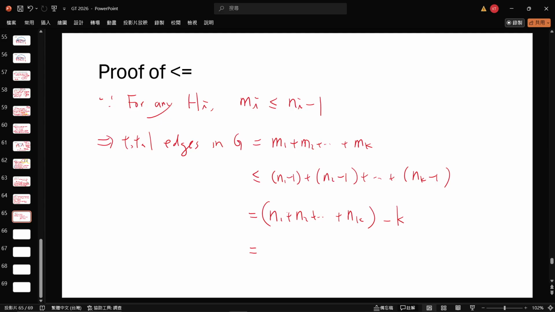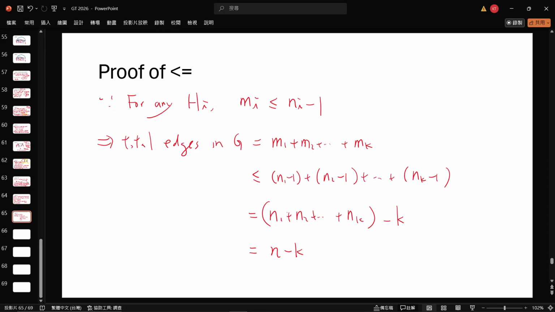Recall that n1 is the number of vertices in the first component, n2 is the number of vertices in the second component, and so on. So adding all this up equals just the number of vertices in the whole graph.